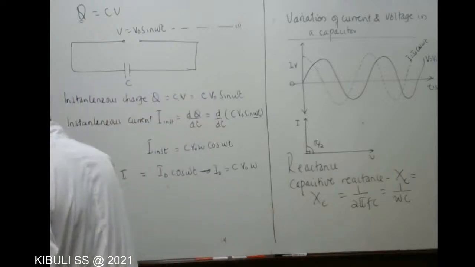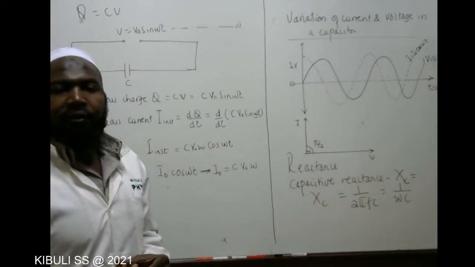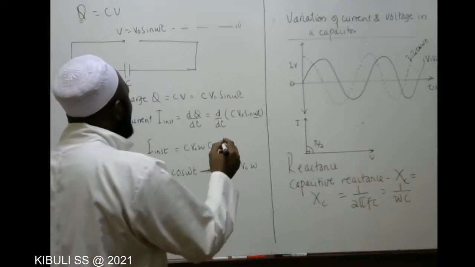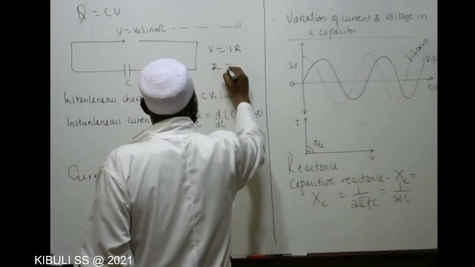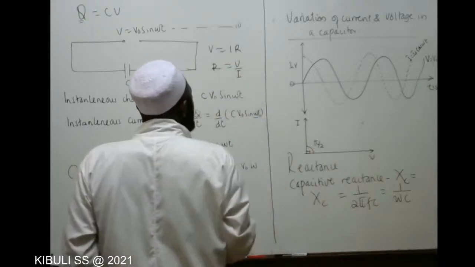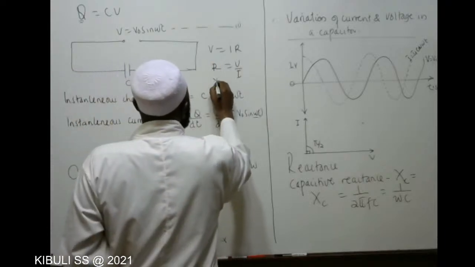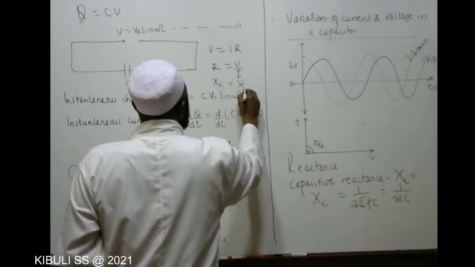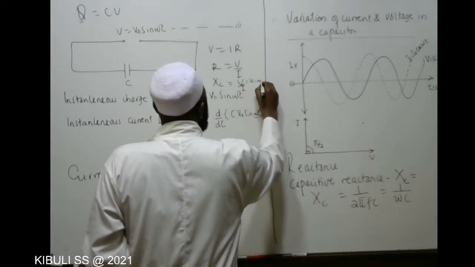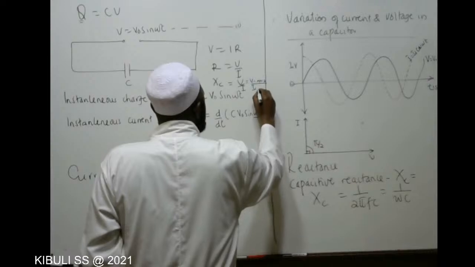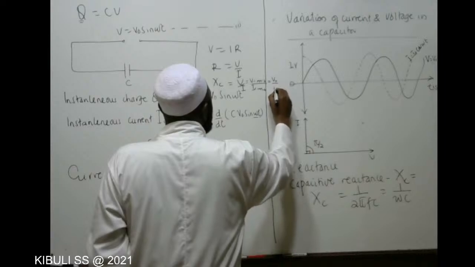Now, reactance is generally compared to resistance. Resistance from Ohm's law is given by V equals IR, therefore R is equal to V over I. So if you just substitute where there is resistance and put reactance, it is simply XC is equal to V over I, or it could be written as VRMS over IRMS, or V naught over I naught.